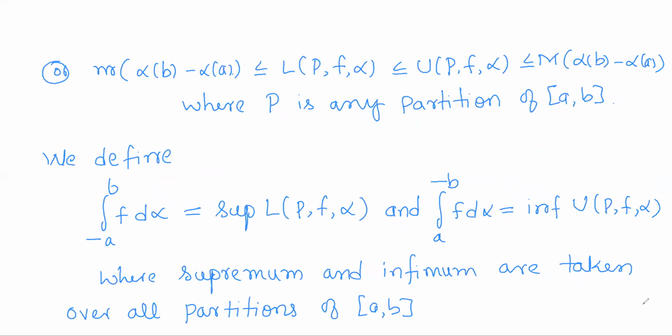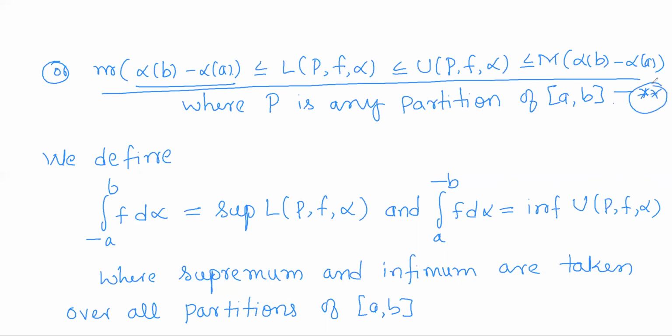As we have calculated earlier, summation delta alpha is alpha of b minus alpha of a. Substitute that value, and finally you will get the relation. Call this double star, where P is any partition. The partition which we started with was arbitrary, so this holds for any partition.